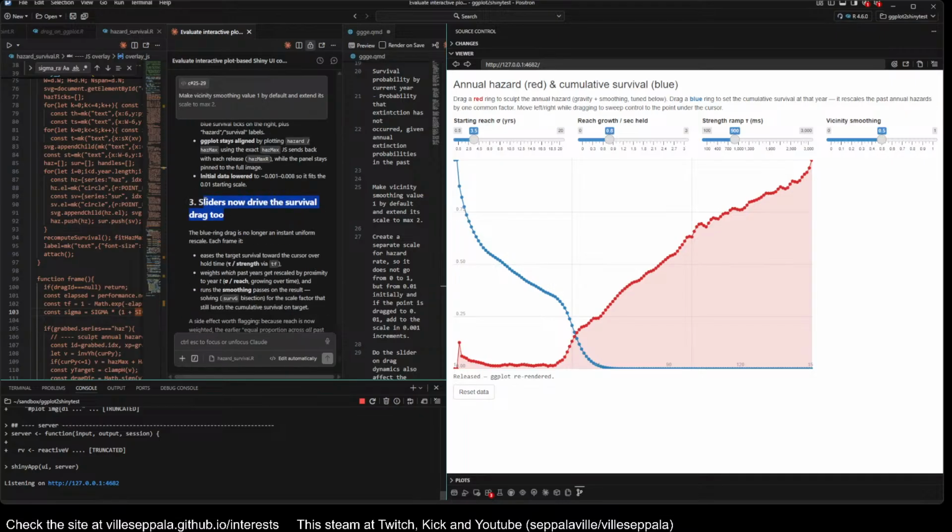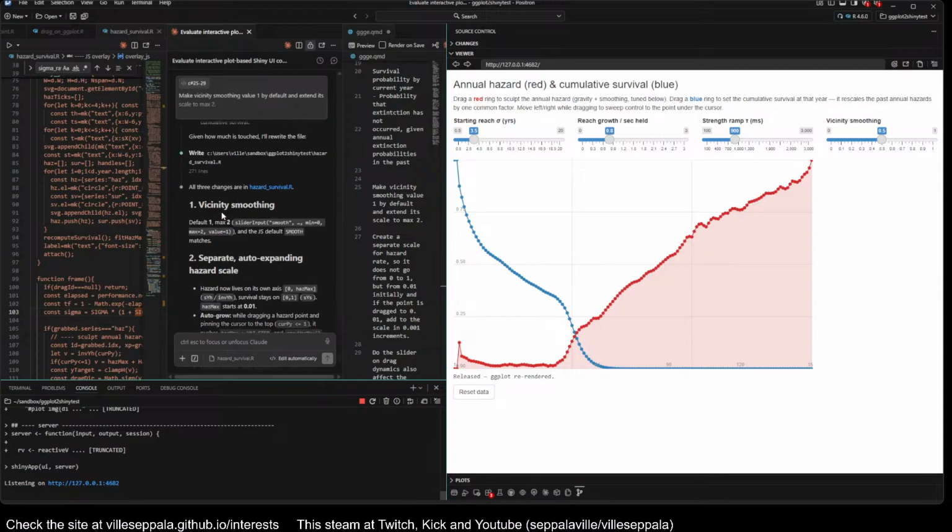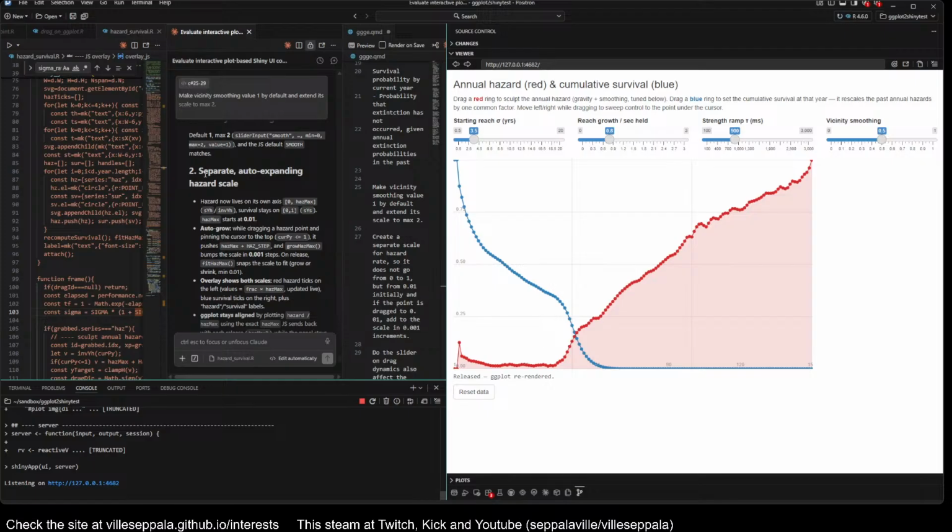Okay, the sliders didn't work on the survival track before. Yeah, okay, let's see.